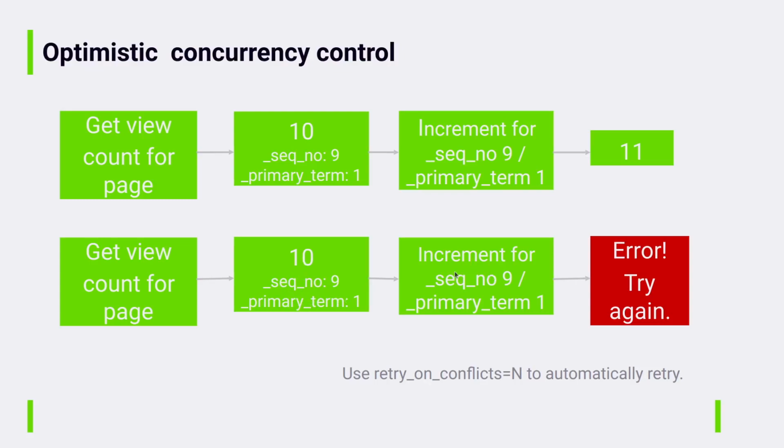When it tries to increment that view count, it will then succeed. There is a parameter called retry on conflicts which retries up to the number you specify, and we don't need to specify this process explicitly. It happens by default. So let us just see this in action.